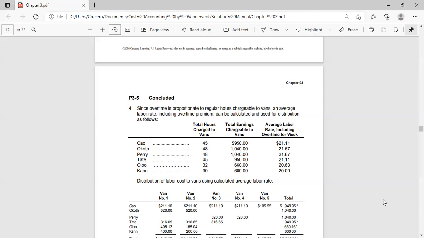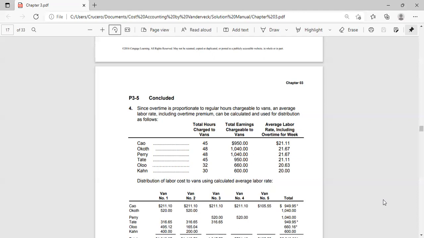And for van number 5, there is no more amount in the column for Cow because the total number of hours of Cow is 40. Anyway, by the way, there are 5 hours worked by Cow in van number 5. So we multiply 5 hours by 21.11.